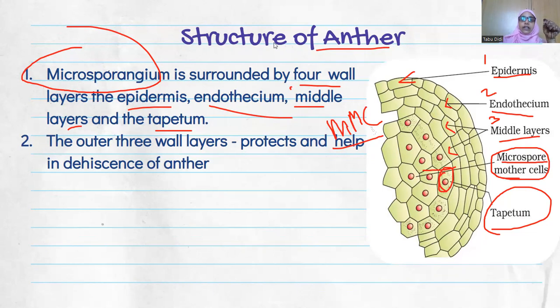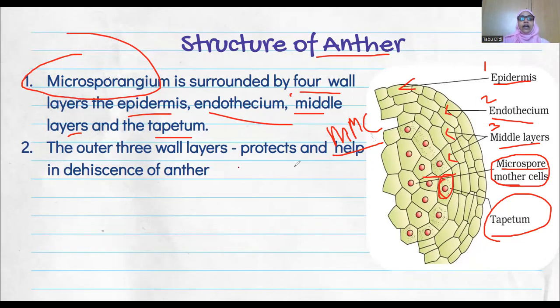The outer 3 layers are for protection and for dehiscence of the anther. It will help in dehiscence of the anther. Dehiscence means what? When the cells have been divided, pollen grains are formed.